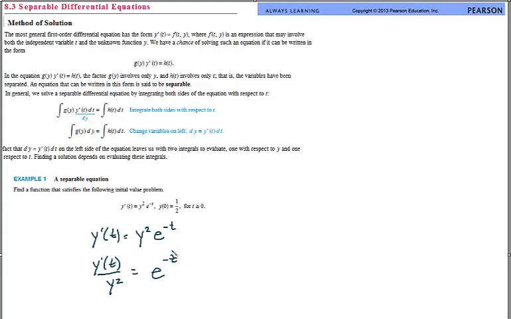Now what I'd like to do is integrate both sides with respect to dt, because y is a function of t.